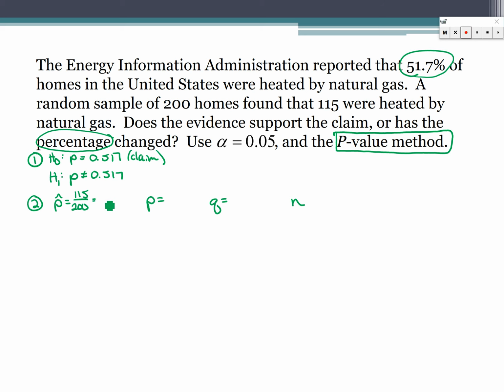And we are lucky. We get a nice decimal again. You can use the fraction. You just can't round. So whatever's easiest for you to deal with the formula. For p, we have our hypothesized percentage, aka proportion.